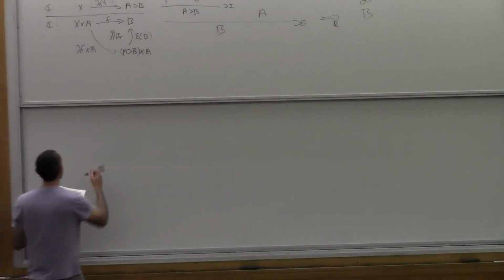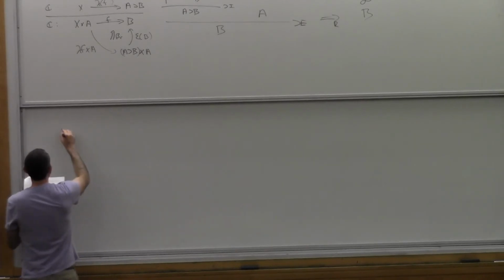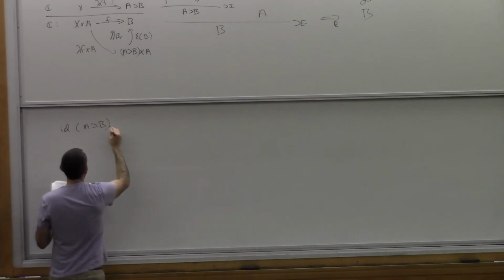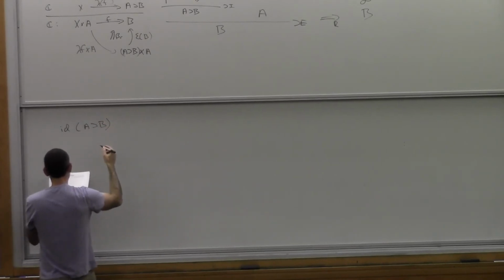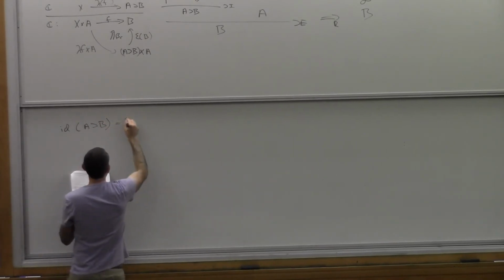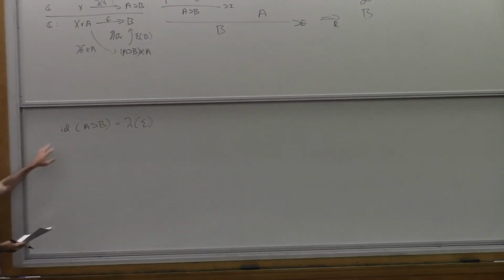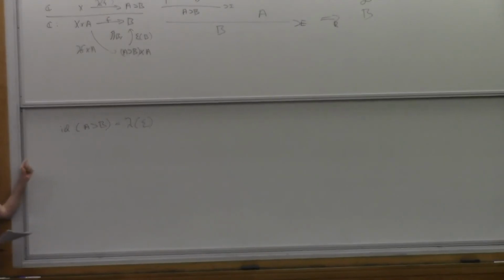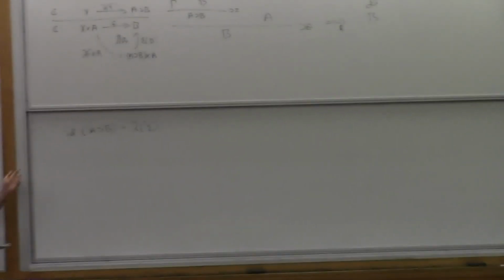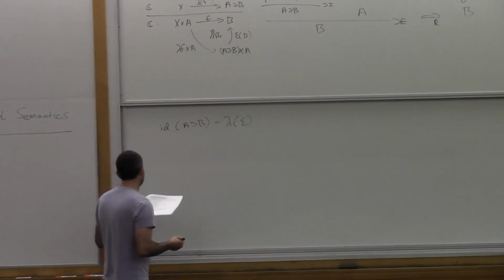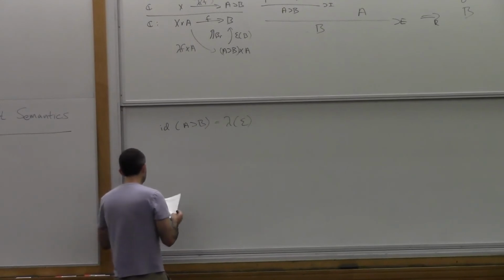So in this case, it's that the identity of an exponential, right, should just be the Curry of the evaluation map. And we learned this also before when we probed the exponential with itself, right? This is what we learned. This was identity expansion.